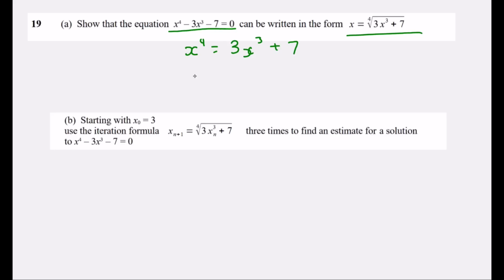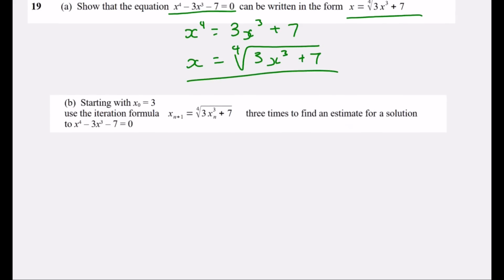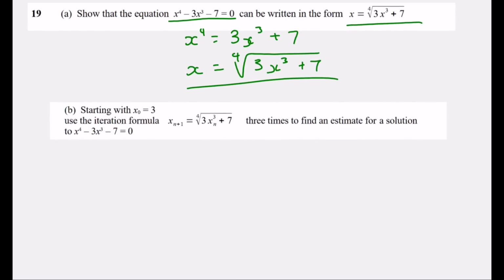And then to get rid of the power of 4, we do the fourth root. And that is rearranged. Starting with x0 as 3, use the iteration formula 3 times to find an estimate for a solution to the equation.